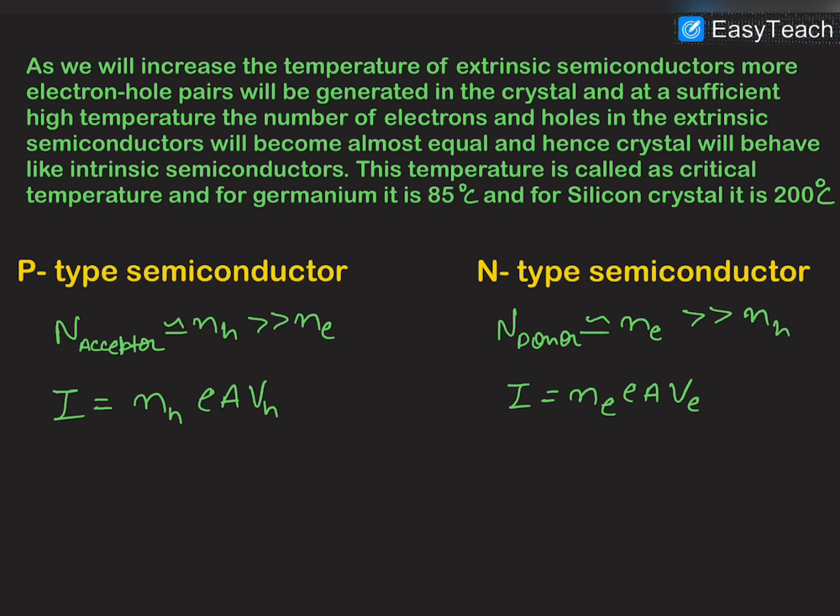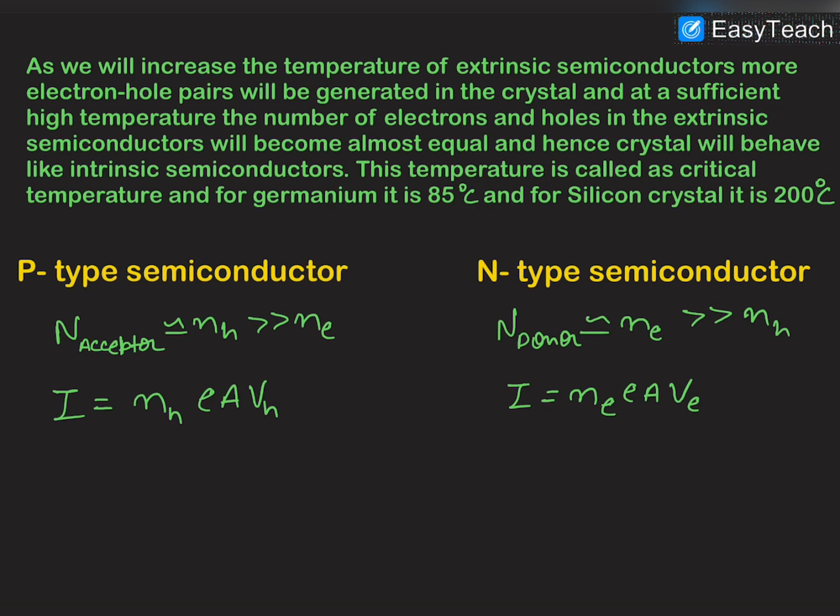The temperature at which this happens, when the extrinsic semiconductor starts to behave like an intrinsic semiconductor, is called the critical temperature, and the critical temperature for germanium is 85 degrees Celsius, while the critical temperature for silicon is 200 degrees Celsius.